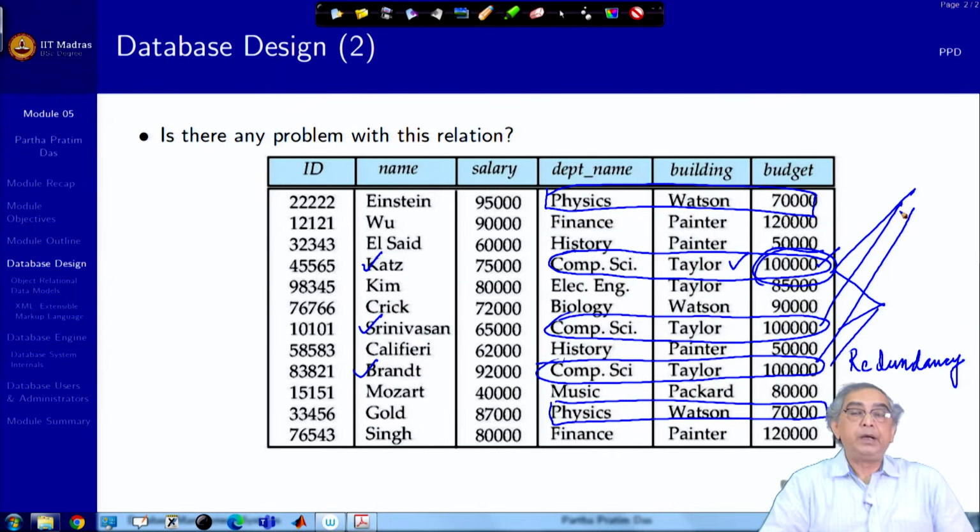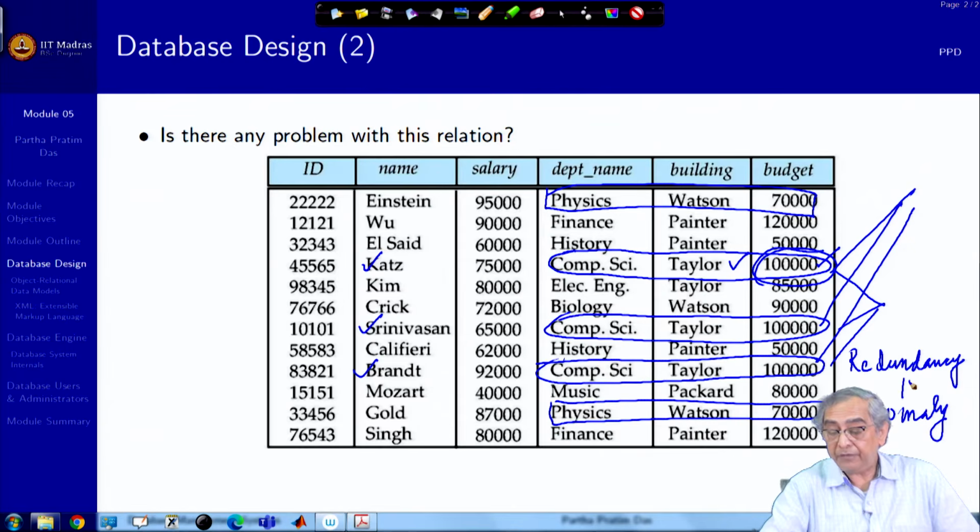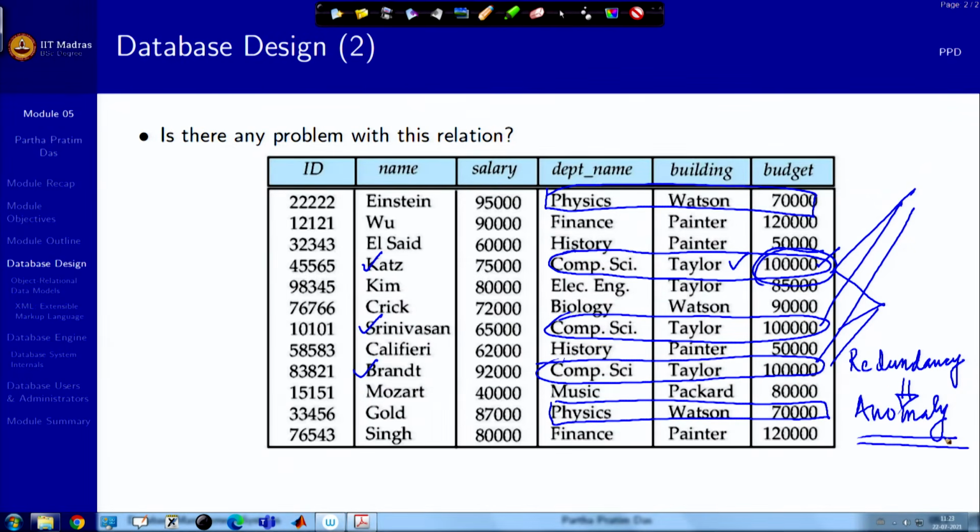There may be some system issues that happened after you updated 2 and you could not update the third. So, anomaly will happen. So, redundancy means we will have anomaly, and this is dangerous for a database.